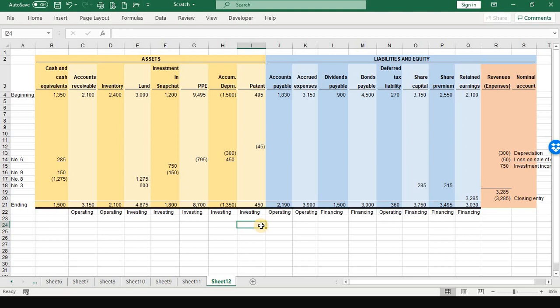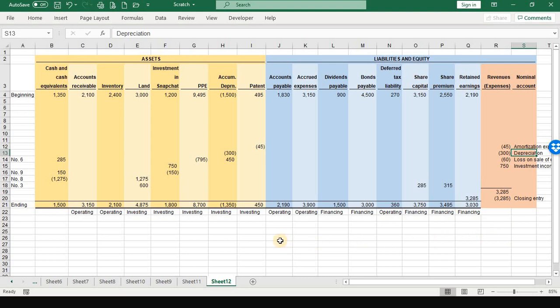Again, what is the possible transaction that will require a credit to patent? So the most common transaction is amortization of patent. So the entry would be for the amortization is a debit to amortization expense of 45 pesos and credit to patent 45 pesos.